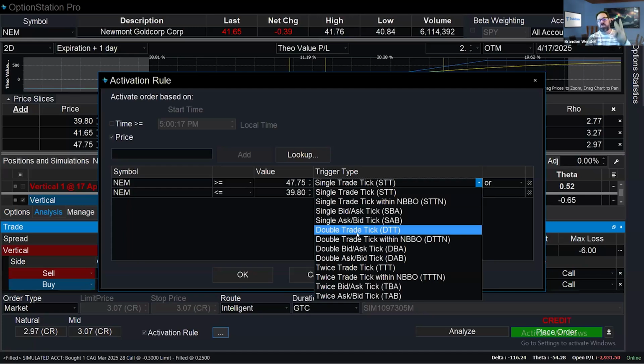Or it has to happen twice. Double bid ask, or twice bid ask within the NBBO. So you've got to either have it show up on the best bid or the best ask, or a trade occurs more than one time inside that best bid or offer.